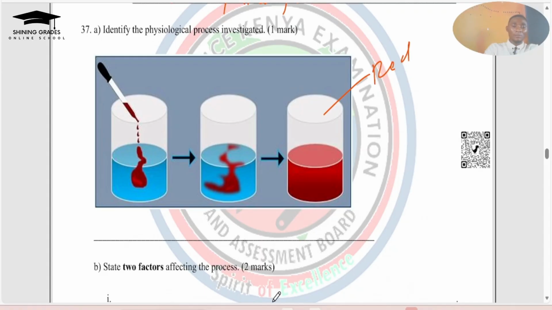The liquid molecules just diffused to all the corners of this liquid from the initial point where the colored red liquid is poured until the liquid completely changes color to red. Therefore, this process whereby molecules or particles move from a region of high to low concentration, not necessarily passing through a semi-permeable membrane, is what we call diffusion. The process is diffusion.